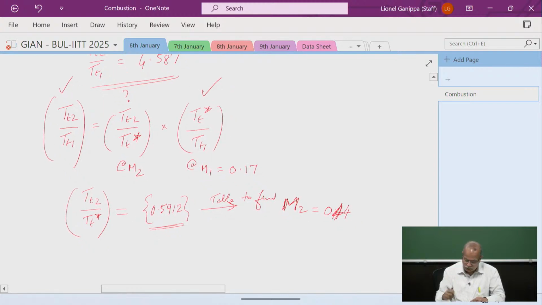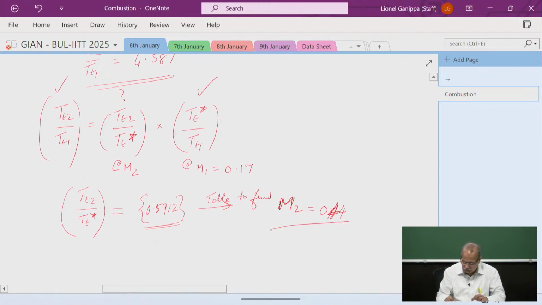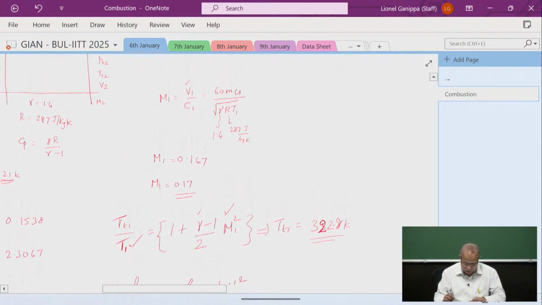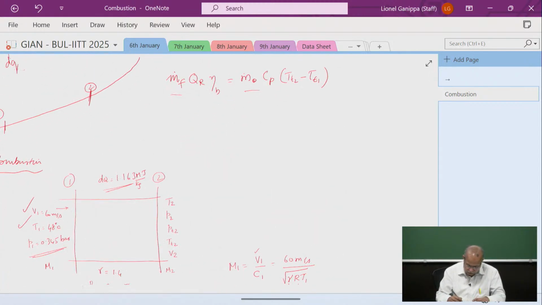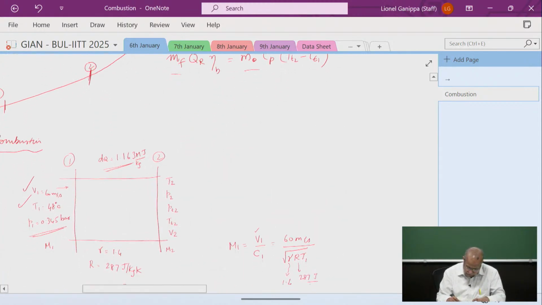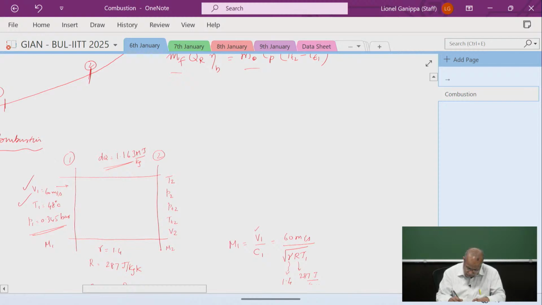So once you know the value for M2, then we can find out the rest of the parameters. So now in the problem, we have found the value for M2. Then you can find the value for T2. T2 by T1 is equal to T2 by T star into T star by T1.